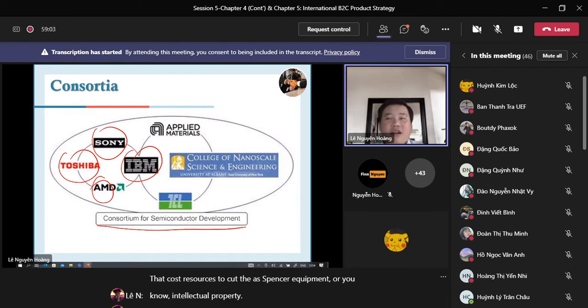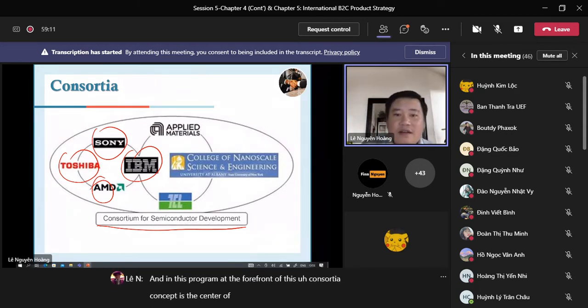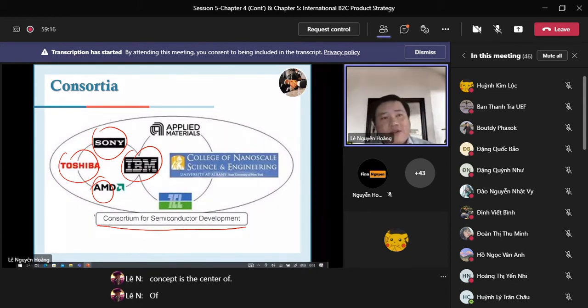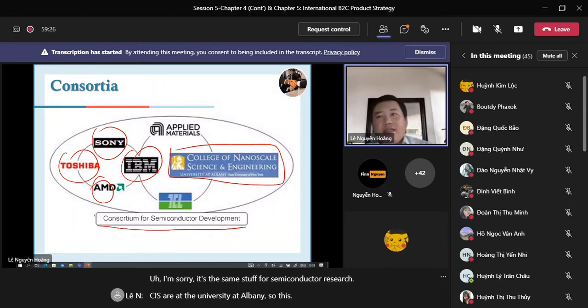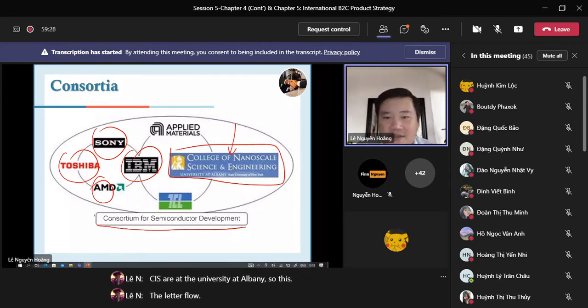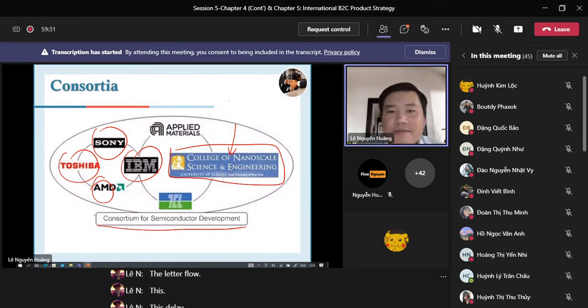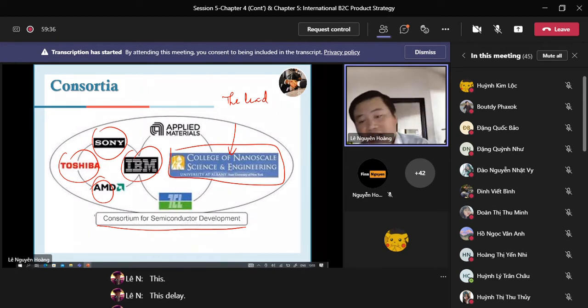And in this diagram, at the forefront of this consortia concept is the Center for Semiconductor Research, CSR, at the University at Albany. So this is the lead firm, the lead organization of this consortium.